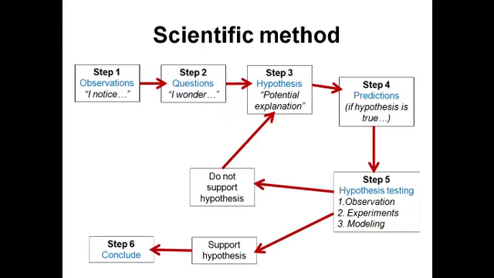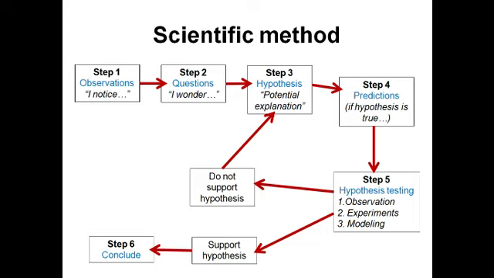Okay, so we are at step number 5, right? So after you are done with step number 5, your statistical analysis may support your hypothesis. Then that's great, so you can conclude your study. But sometimes it may not be the case.